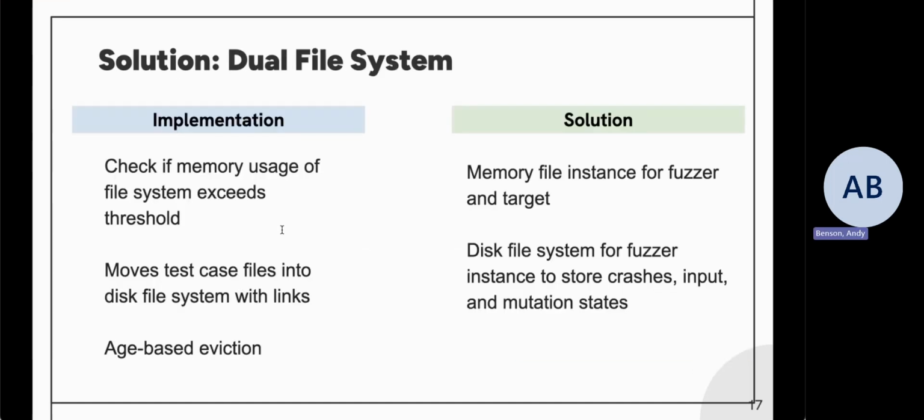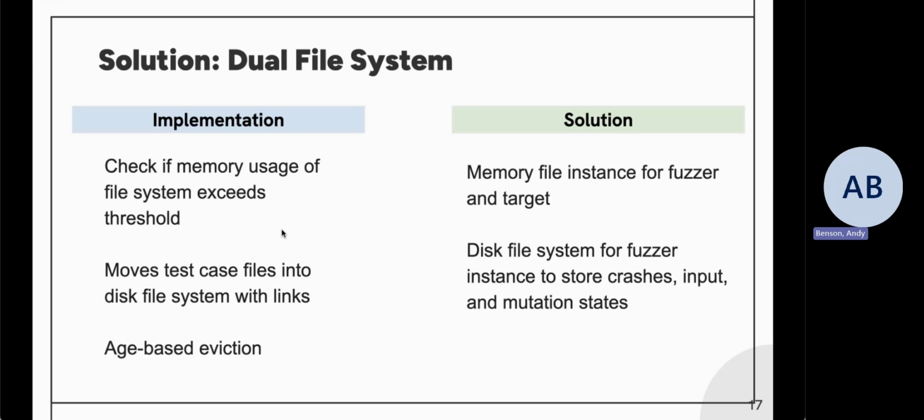So, to overcome the challenge of file system contention, the authors introduced the dual file system. This approach creates a private working directory for each instance of the fuzzer to avoid contention for accessing test cases and allows them to have their own independent file systems. This is done in addition to having a file system service that periodically checks whether memory usage is going above a set threshold.